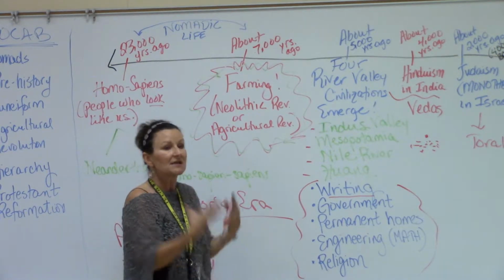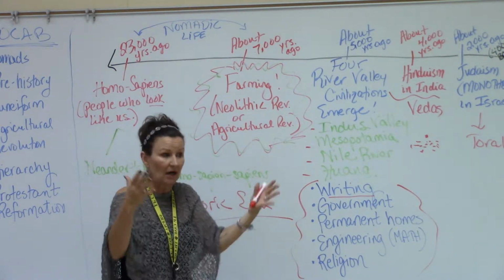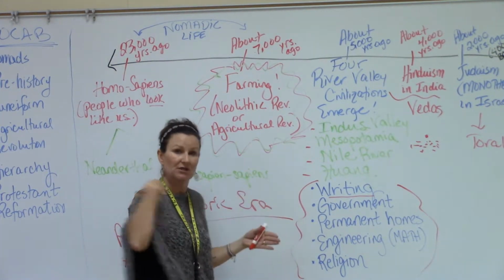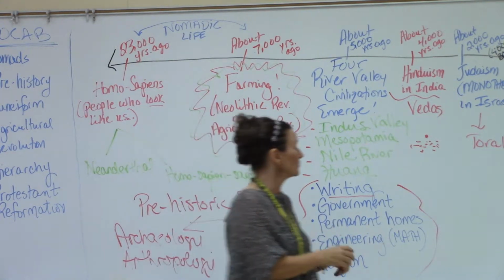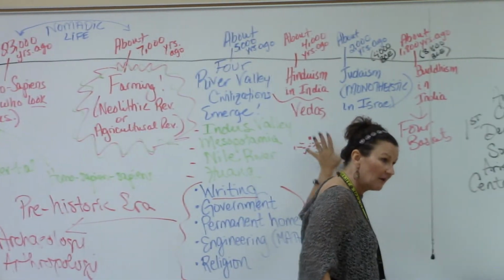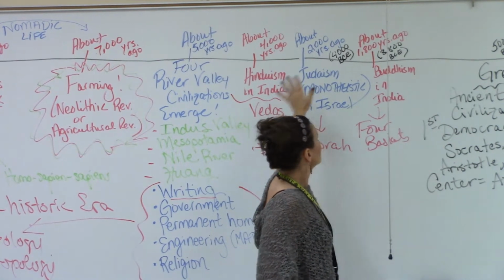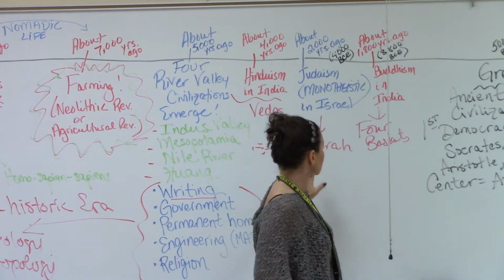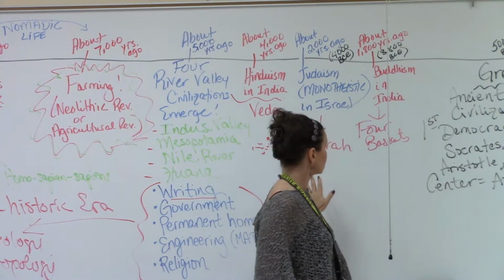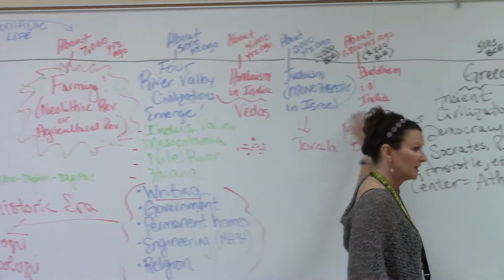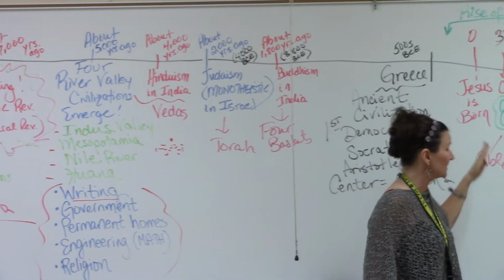So this is the beginning of what we think of as organized religious beliefs and rituals. So we see the development of Hinduism in India, Judaism, the first monotheistic religion in Israel, Buddhism again in India, which then spreads east to the Far East into China.